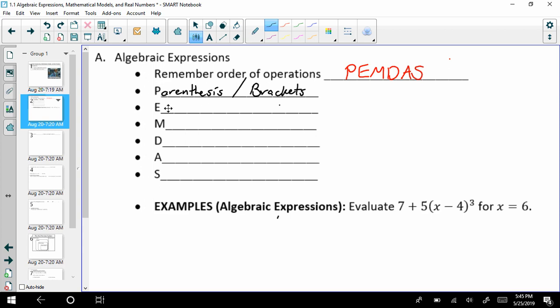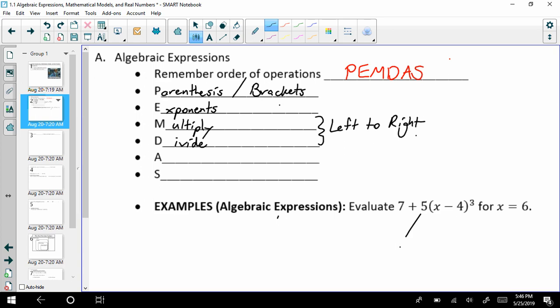After that, we want to tackle exponents, anything raised to an exponent. And then the final four things are the four operations themselves. M stands for multiply, and D stands for divide. If both multiplication and division are in the problem at the same time, then a good rule of thumb is to do them in order from left to right, like you're reading a book.